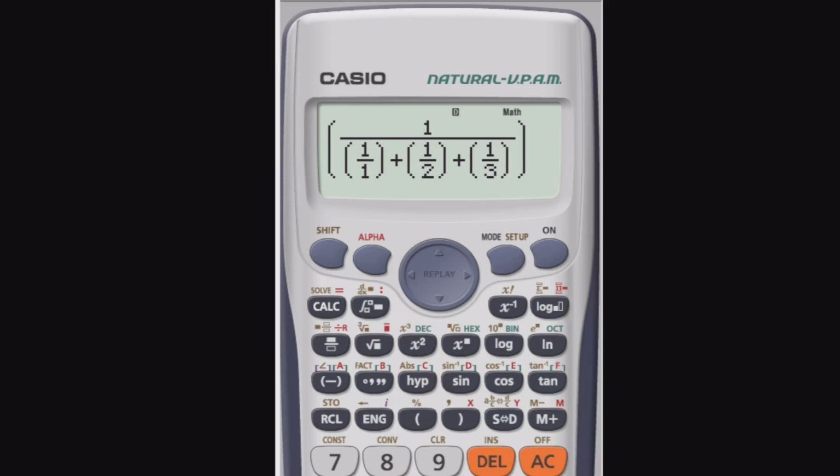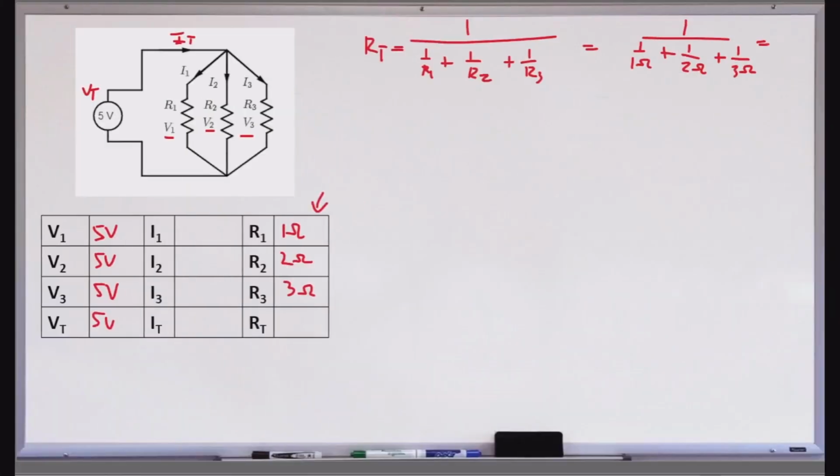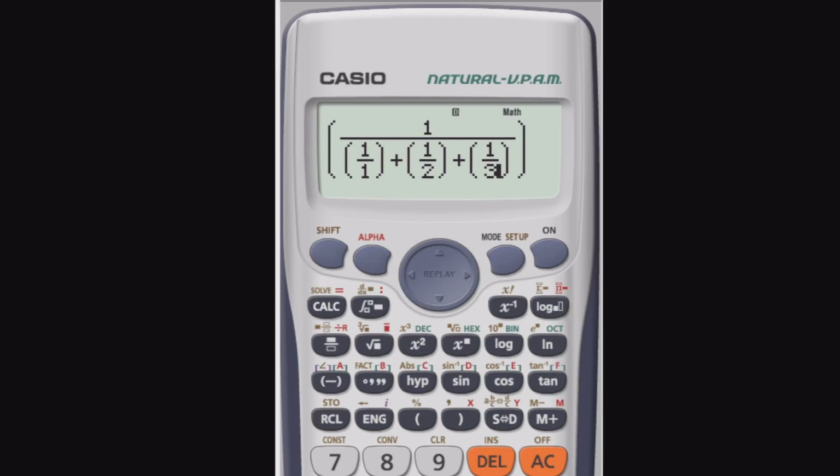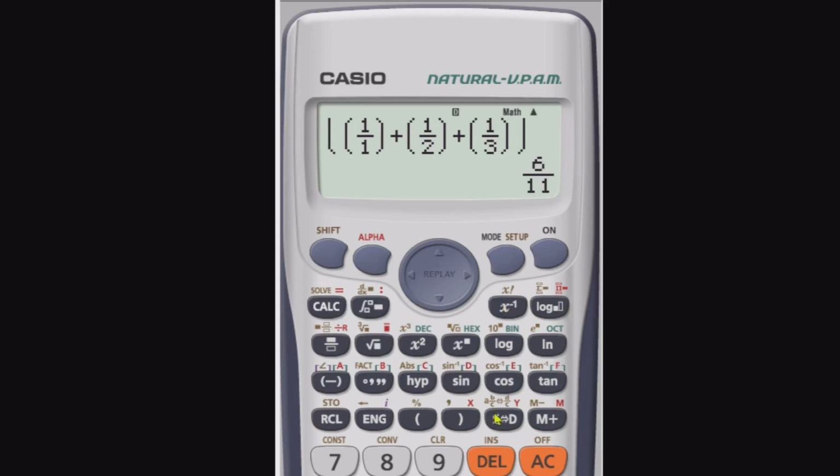Let us check: 1 over 1, 1 over 2, and 1 over 3. Let's press the equal sign. We want a decimal value for that.